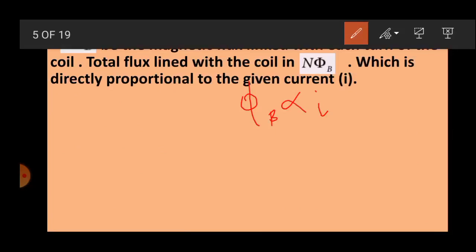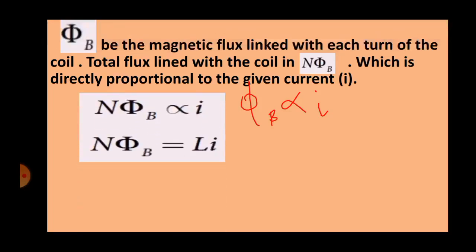Now tell me the total flux linked with the coil. With N turns, the total flux linked with the coil is N phi B, which is directly proportional to I. Removing the proportionality, N phi B is equal to L I. What is L?